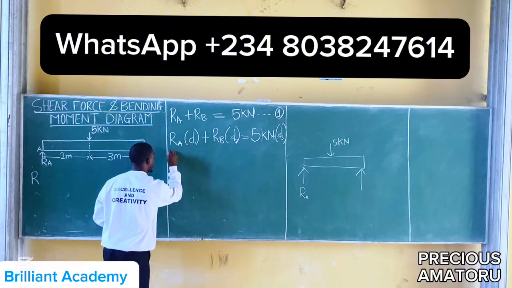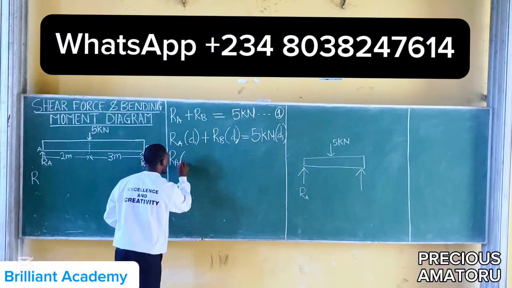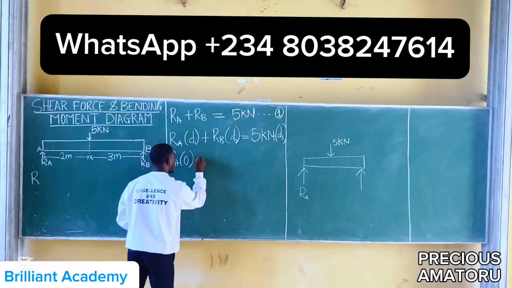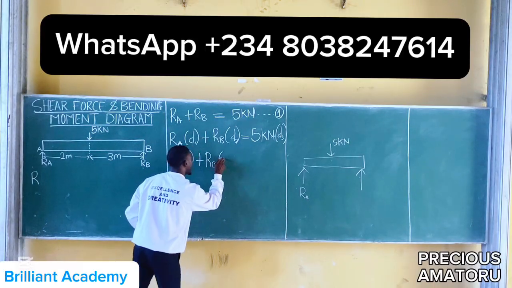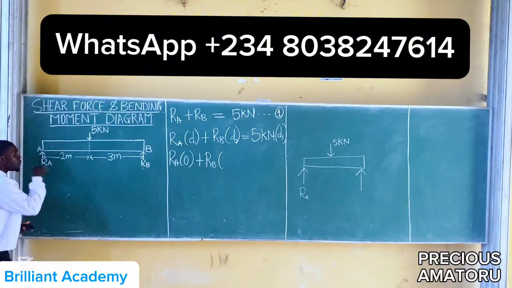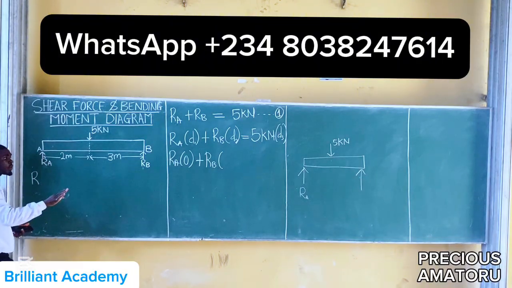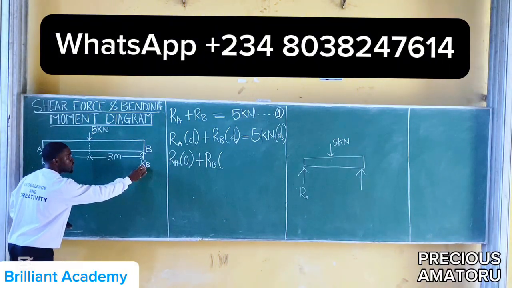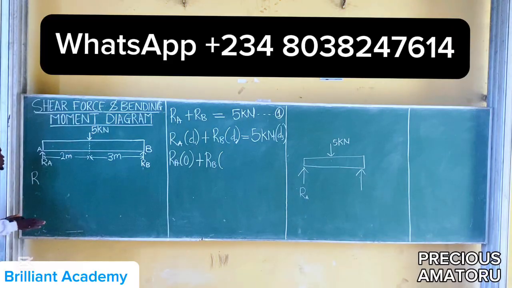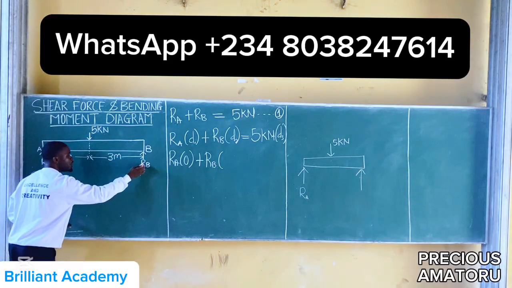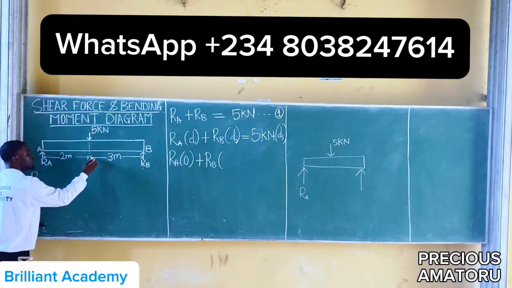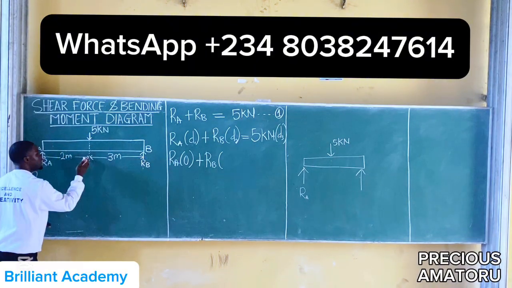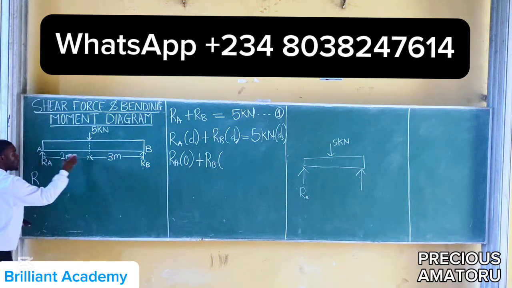So we have RA multiplied by 0 plus RB multiplied by the distance from RB to the point where we are taking moment. This is where we are taking our moment. So it will be RB multiplied by the distance from here to here. From here to here is 3 meters, and from here to here is 2 meters, which is a sum of 5 meters.